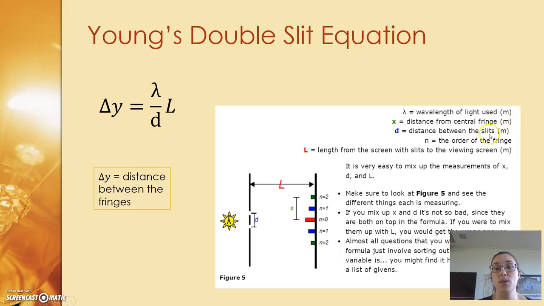The same goes for the distance between the slits, normally given in millimeters, as is this distance here. It's really important that you convert everything into the right units first, and have the right subject for your equation before you start putting your measurements in and using it properly.